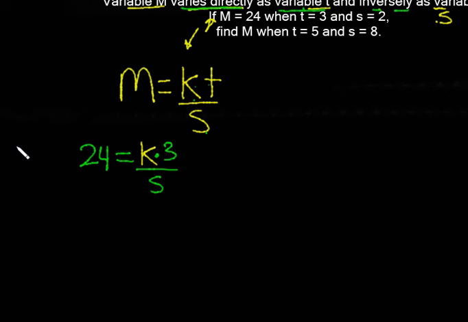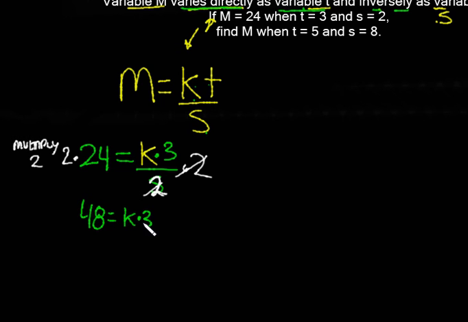Let's start breaking this fraction down. It's being divided by, oh, we forgot to put 2. It's being divided by 2, so we're going to multiply by 2 on each side to cancel that out. I get 48 equals K times 3.